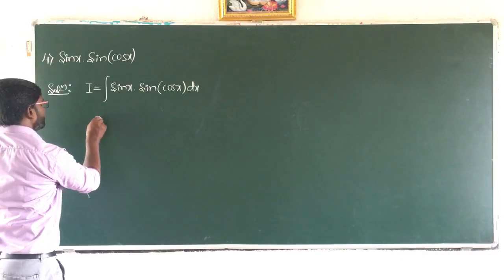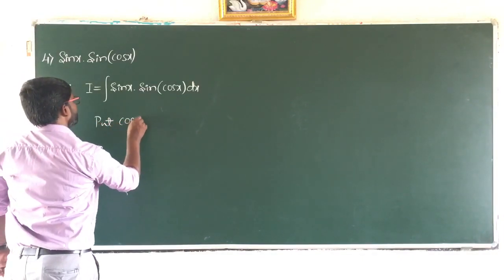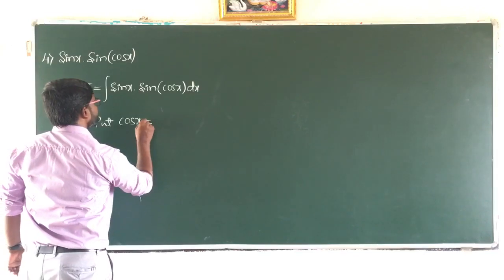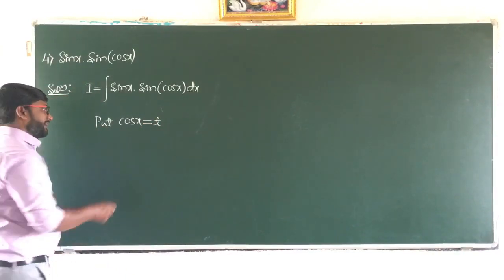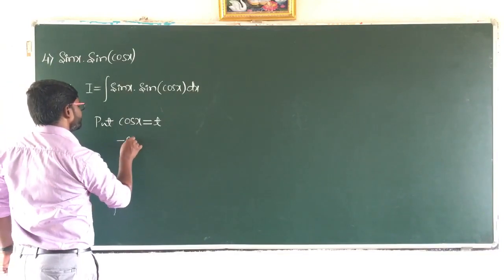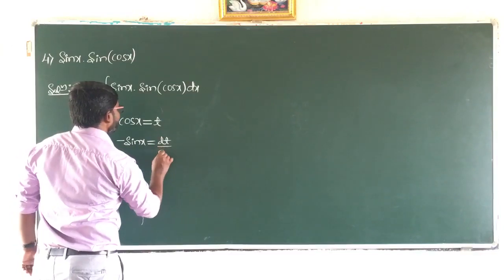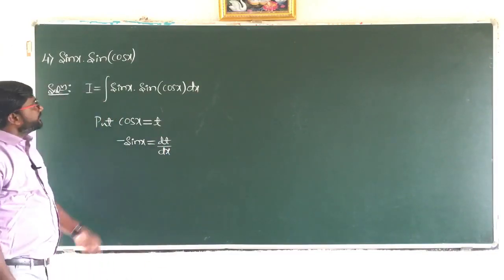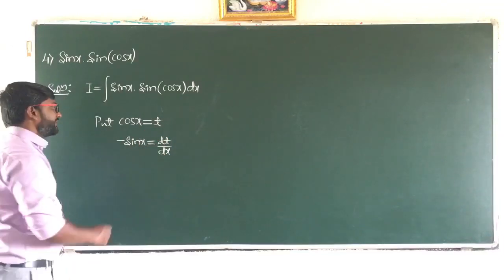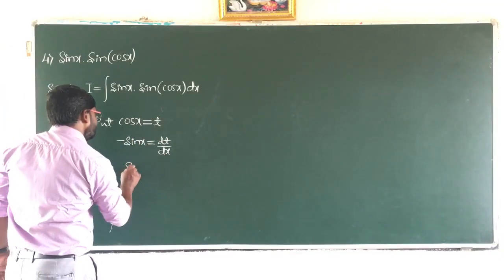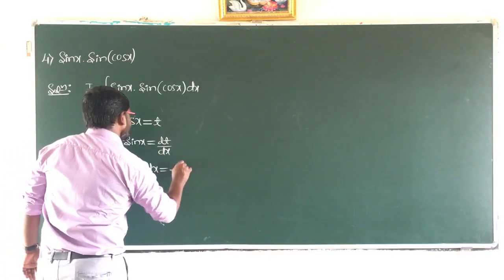So put cos x equal to t. Now differentiate both the sides with respect to x. We get minus sin x equals dt by dx. But we need only sin x into dx. So take the minus sign to the RHS now. Sin x dx is equal to minus dt.